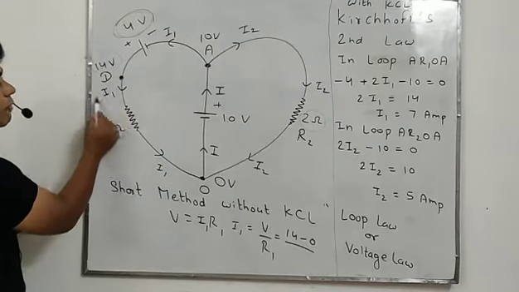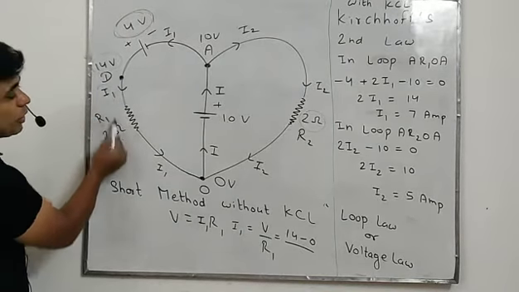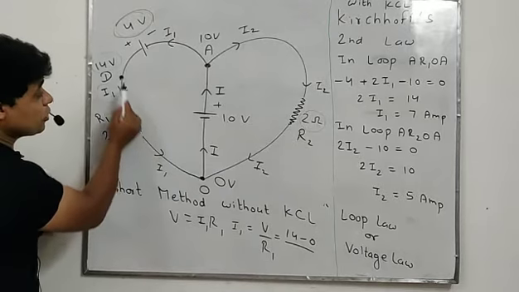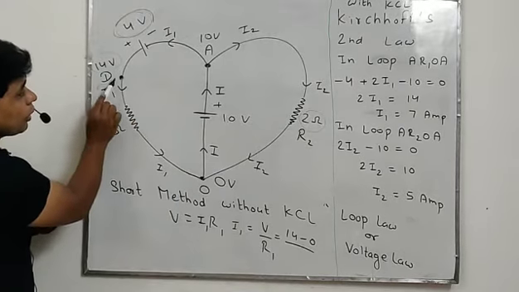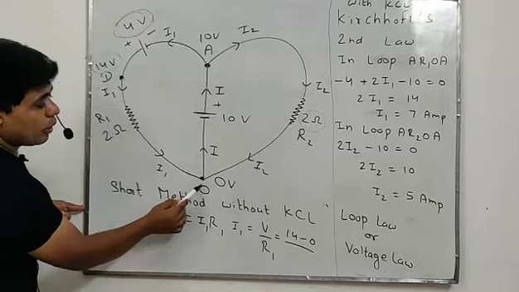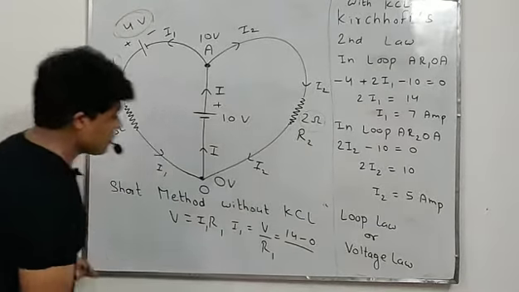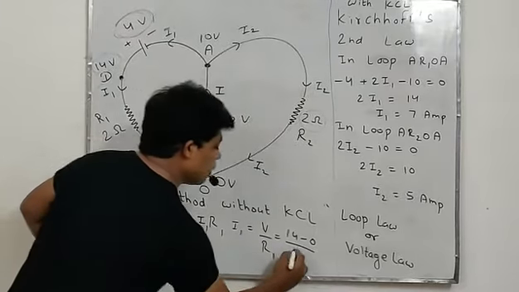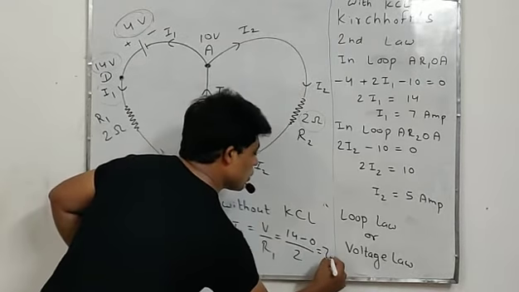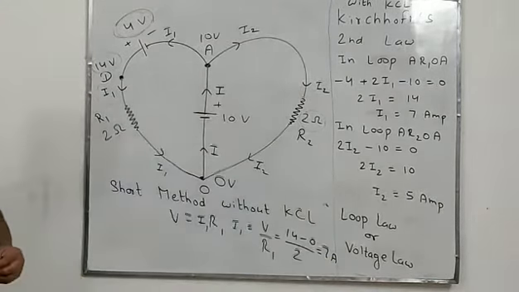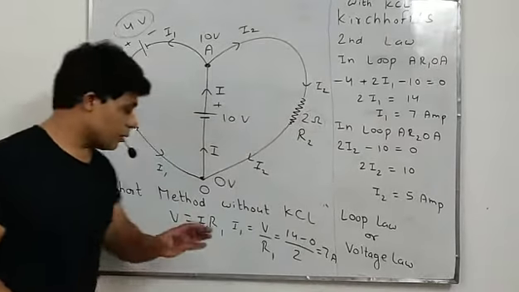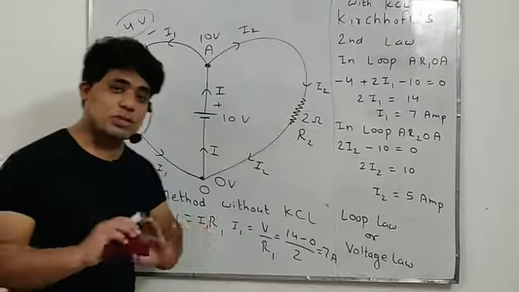We have to find the current I1, which is flowing between D and O, so we take the potential difference between D and O. 14 minus 0 is the potential difference, and the resistance is 2. 14 by 2 is 7 ampere. So we got 7 ampere by applying Ohm's law without any Kirchhoff law.